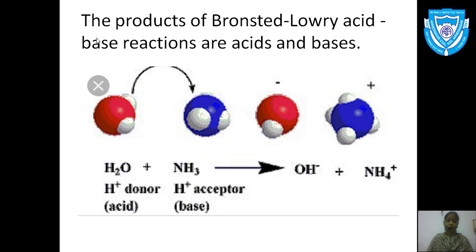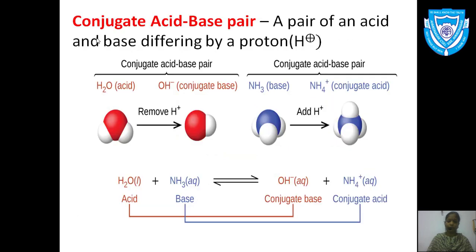In the diagram, the red images, water and OH minus, are one acid and base pair, while ammonia and NH4 plus, the blue images, are another acid and base pair. So overall the products of Bronsted acid and base reactions are nothing but acids and bases. These acid and base pairs are termed conjugate acid and base pairs.